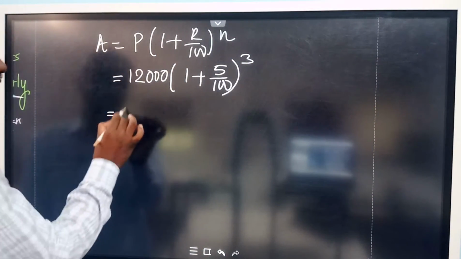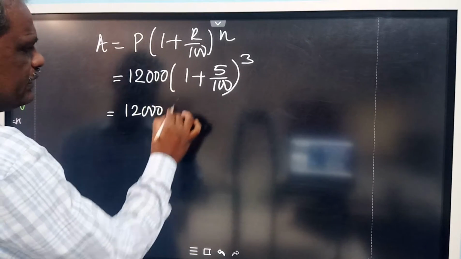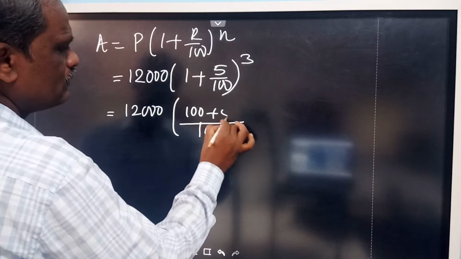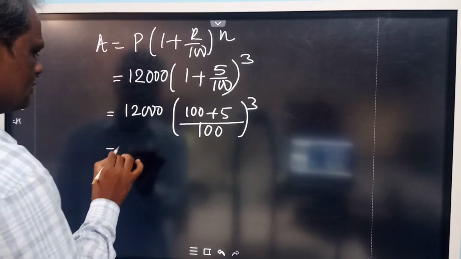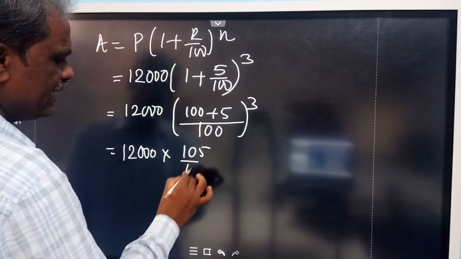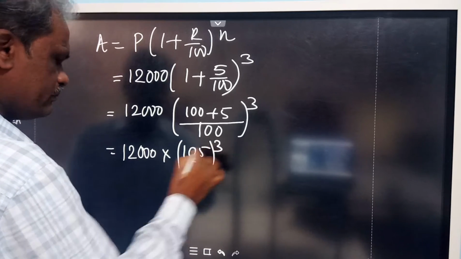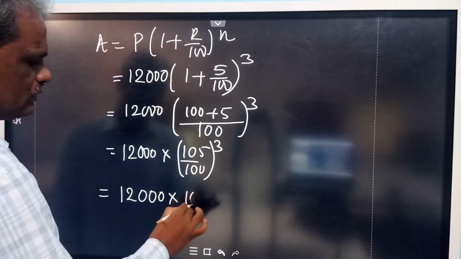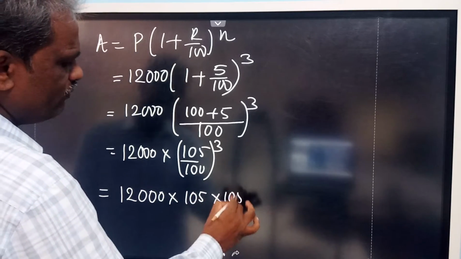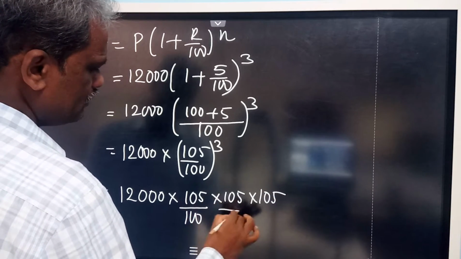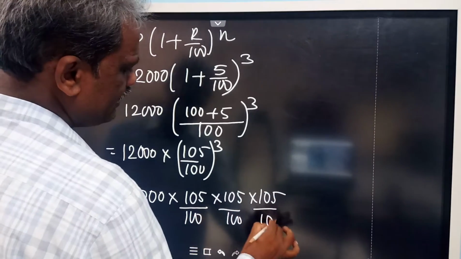Simplify this, 12,000. 100 is the LCM. It becomes 100 plus 5 whole to the power 3. So 12,000 into 105 by 100 whole to the power 3. So again 12,000 into 105 into 105 into 105, 3 times, divided by 100 three times.